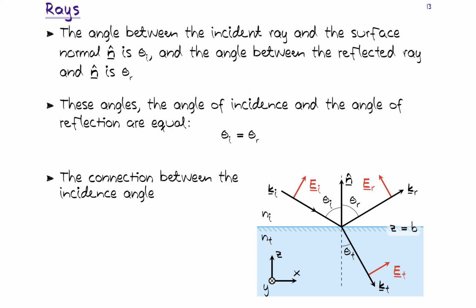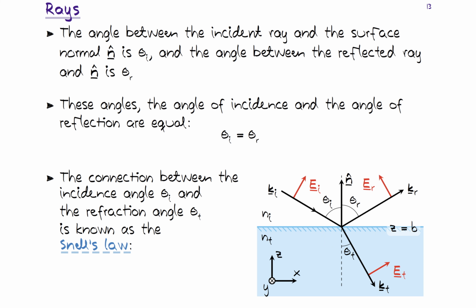And the connection between the incidence angle theta I and the refraction angle theta t is known as Snell's law, and it can be easily derived by using many different means. Snell's law says that Ni, the refractive index of the outside upper medium, times the sine of theta I must be equal to Nt, the refractive index of the bulk medium into which the ray of light is being refracted, times the sine of theta t.